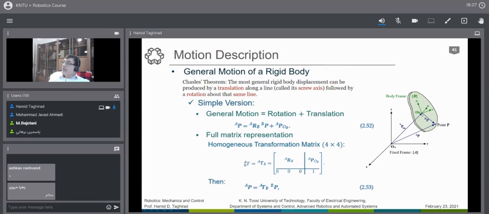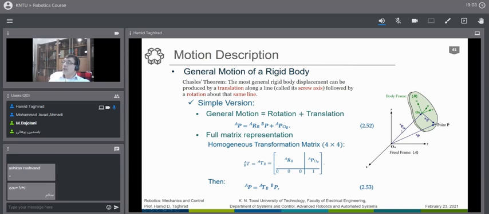But since we are moving in space, this vector is the relative position of point P with respect to its origin frame. The absolute value of P, that we call P with respect to A, can be found by a vector addition: P_B plus P_OB.